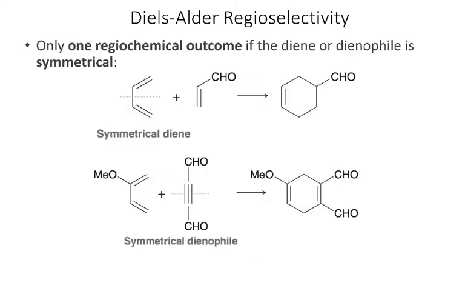Okay, the next thing I want to talk about is the regiochemistry of the Diels Alder reaction. So what we're thinking about is, where do the electron withdrawing groups end up relative to any groups that happen to be on the diene? Well, it turns out if either the diene, or in this case the dienophile, is symmetric, it doesn't matter. There's only one regiochemical outcome.